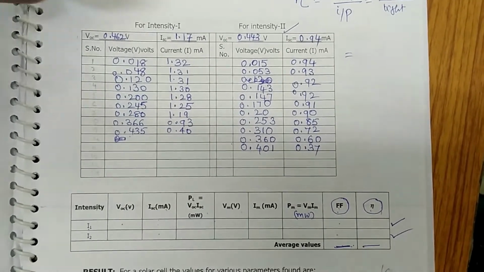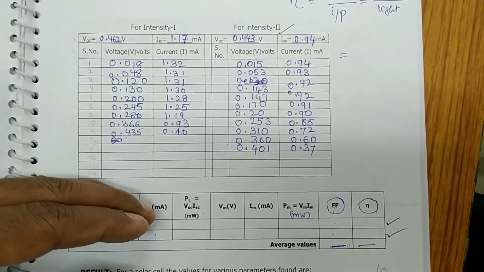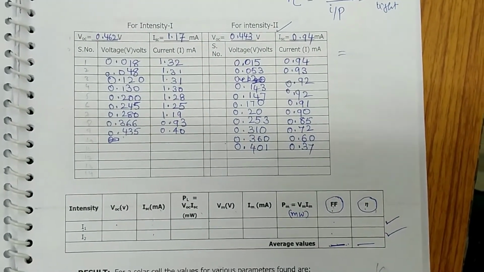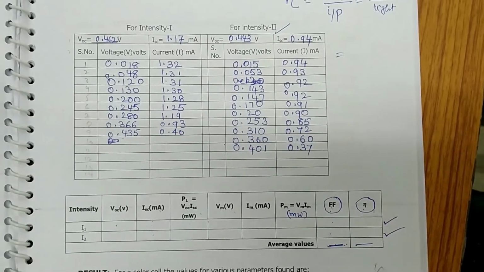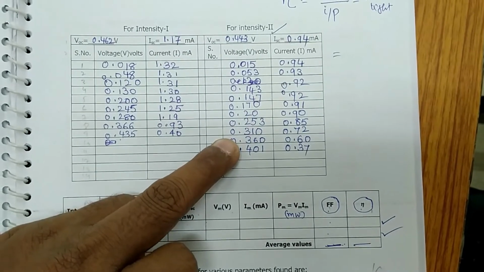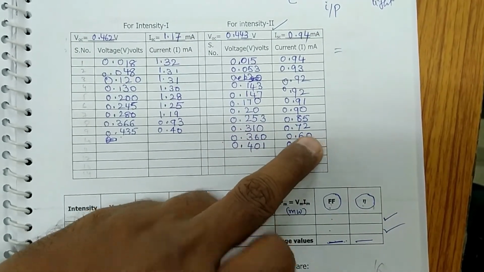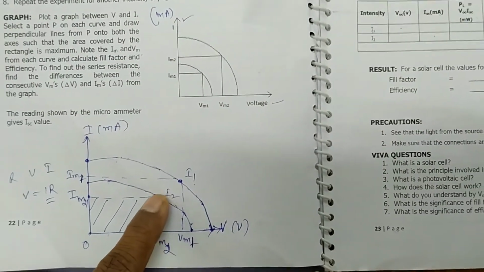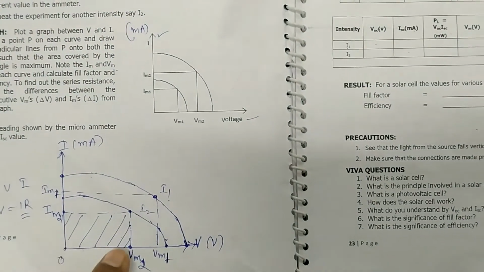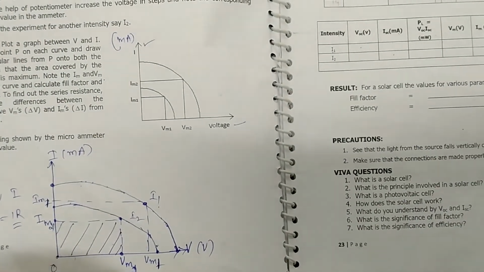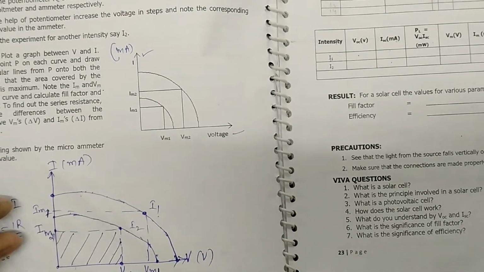and then take the readings as I explained, and change the distance between the bulb and the solar cell, and measure the intensity 2, and change the values of voltage, and measure the corresponding values of current. Draw the graph, choose a point for which you get the rectangle of maximum area, and the corresponding values will be the maximum voltage and maximum current.